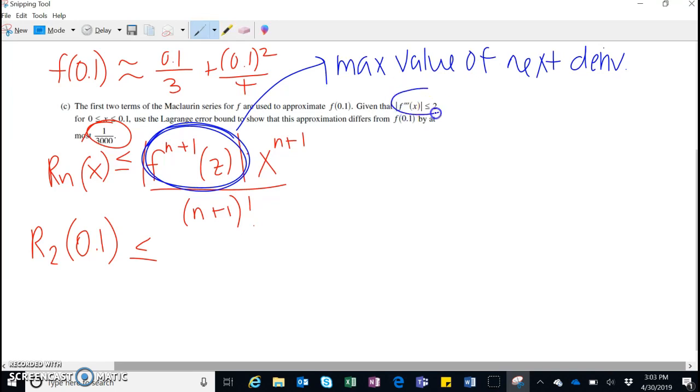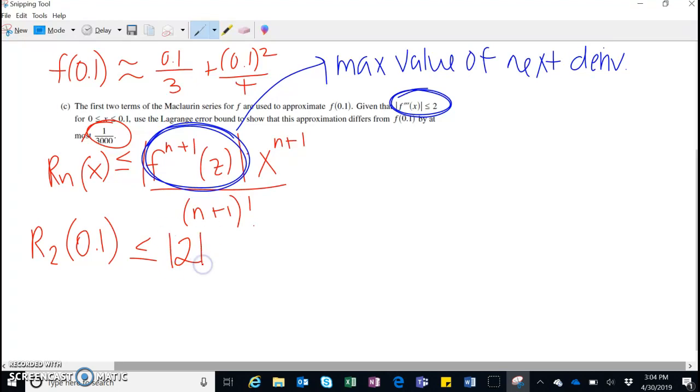And maybe you can see why this quantity has been given to us. They're basically telling us that our next derivative is bounded by 2. The maximum quantity that it can take on is 2. So this Lagrange error bound requires that we plug in something for that maximum value, and the College Board has given us a 2 right here.